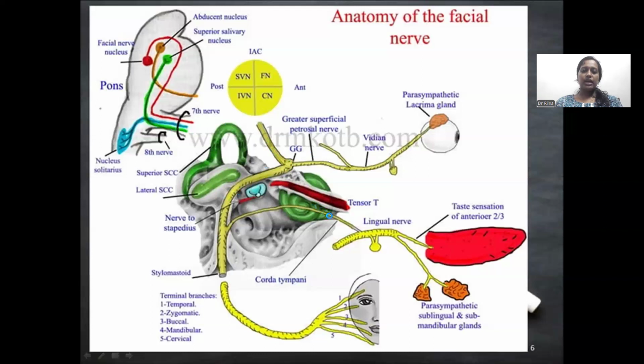Along with the lingual nerve, it supplies the tongue anterior to the root of the tongue, giving taste sensation. Finally, once it exits from the stylomastoid foramen, it gives out the five terminal branches to the face.